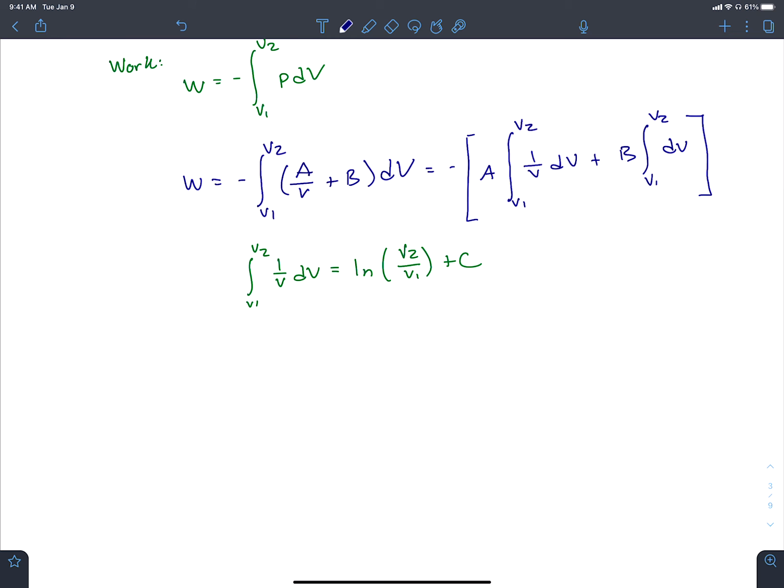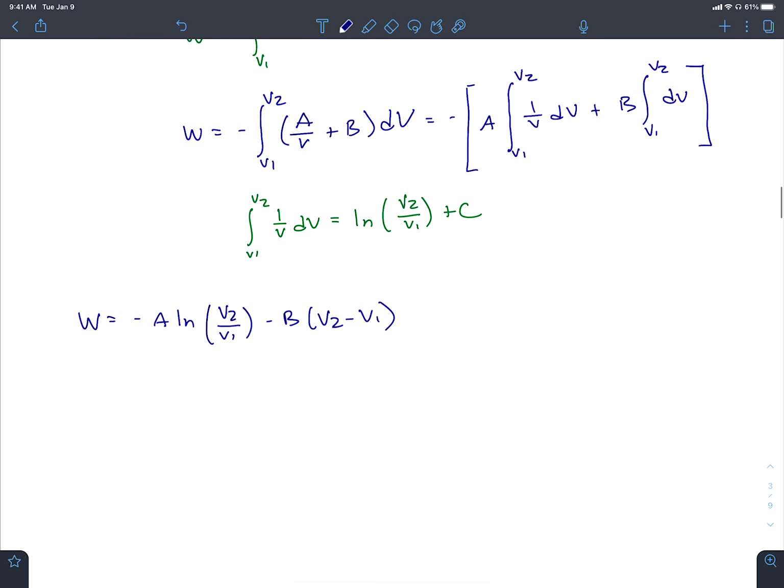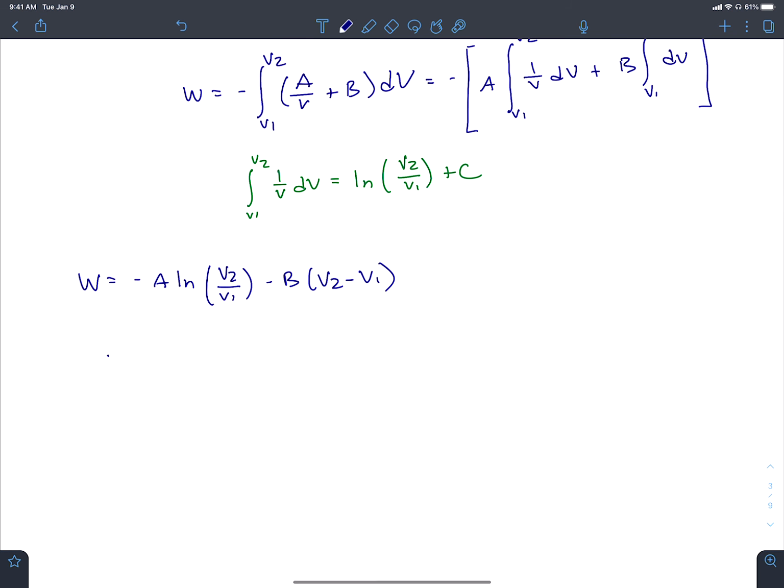When I integrate everything, we get W equals negative A ln V2 over V1 minus B times V2 minus V1.